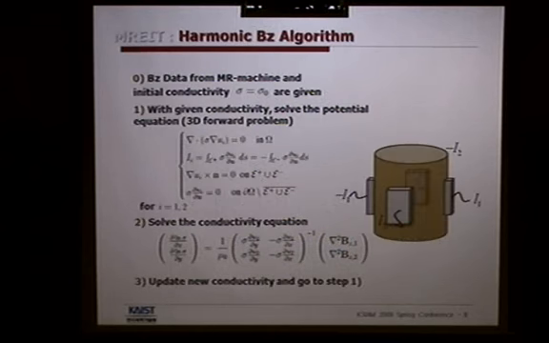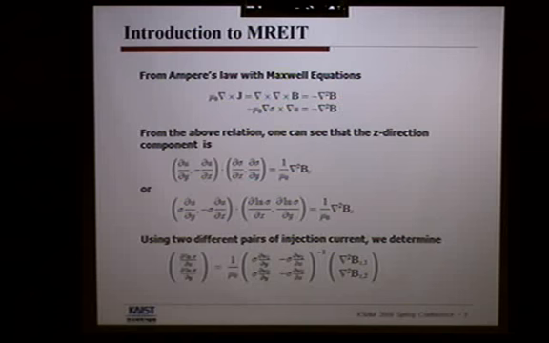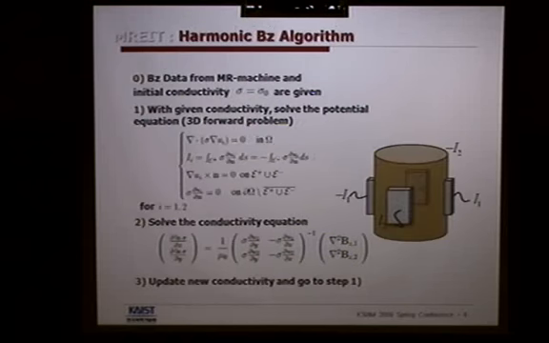From these observations we have the harmonic BZ algorithm. First we assume some initial conductivity, and using that initial conductivity we solve these elliptic equations inside with their boundary conditions. Then we have approximated potentials.